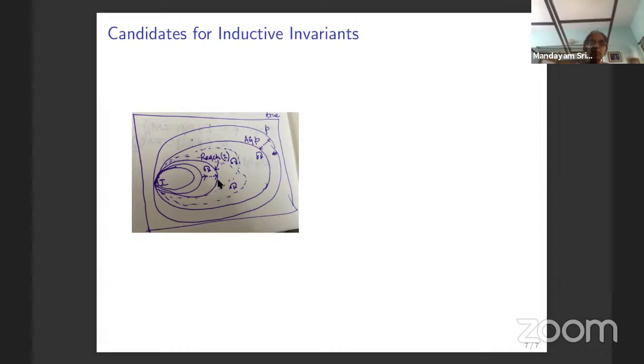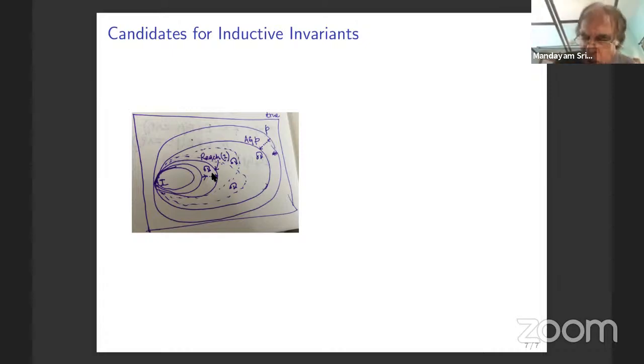And this is what the least fixed point, using the Kleene iteration method, actually computes. So you start from an initial state, you keep on doing tau until you reach a fixed point. So what I have shown here as reach of I, that's a fixed point, and any fixed point is inductive.